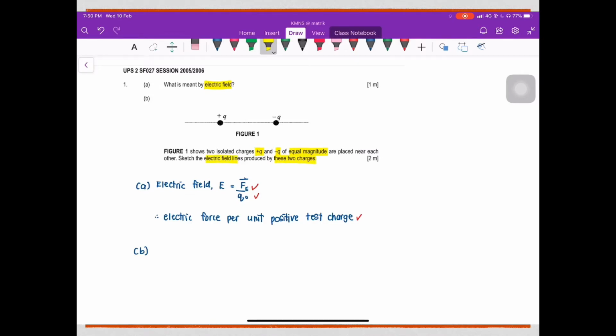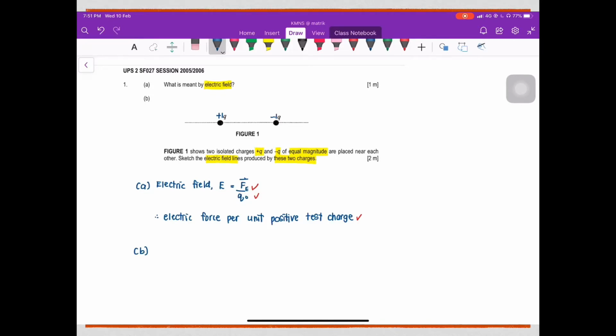So we need to consider a few things. 1. The magnitude. Equal magnitude means 1 and 1. 2. The sign. Positive, negative.